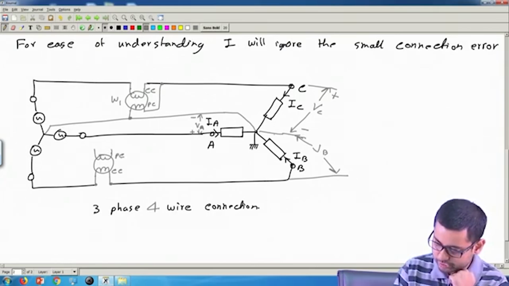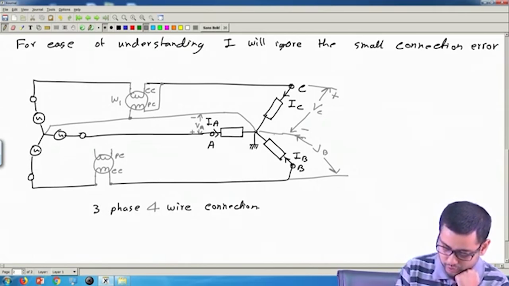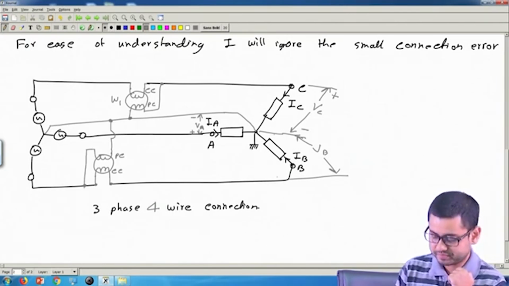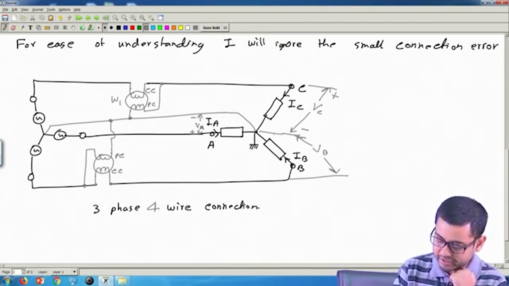So I want to measure the voltage from here to here. So I put one side to the neutral, another side to this.